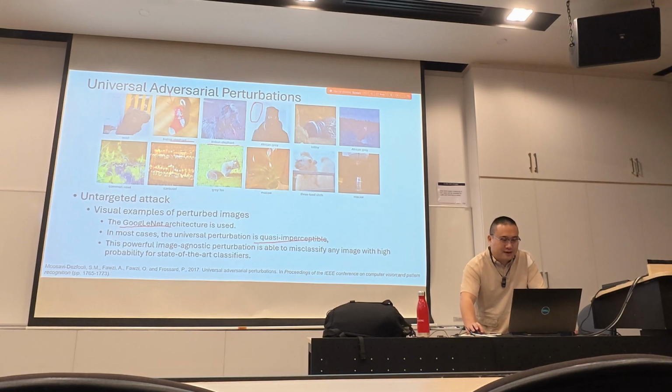For example, in the lab, when you apply PGD or CW attack to generate perturbations for a specific image, you can find that the perturbation can be very small, because it is much easier to generate perturbations for a single image. It is much harder to generate perturbations that can be applied to any image. Therefore, you can see that the perturbations are more noisy compared to the perturbations for single images.